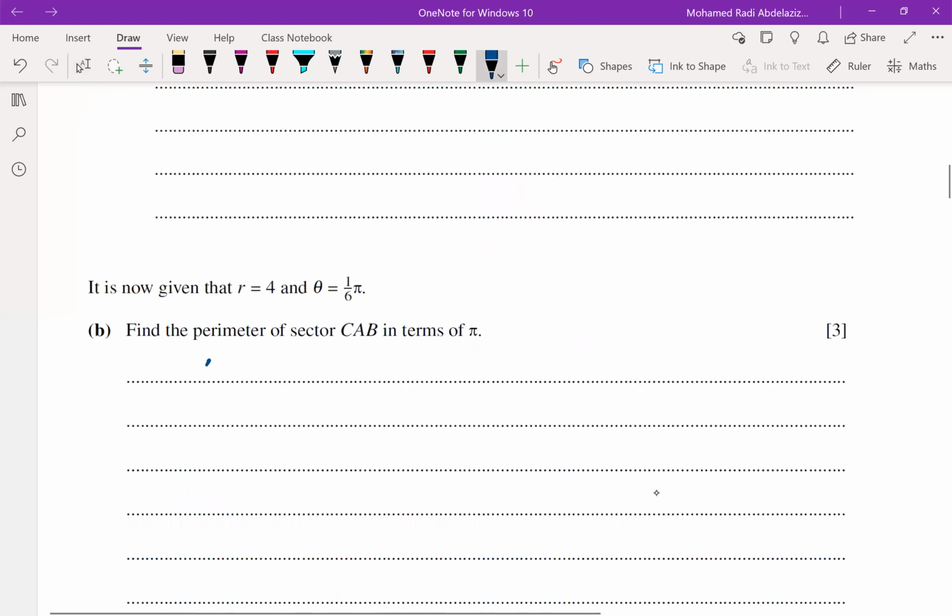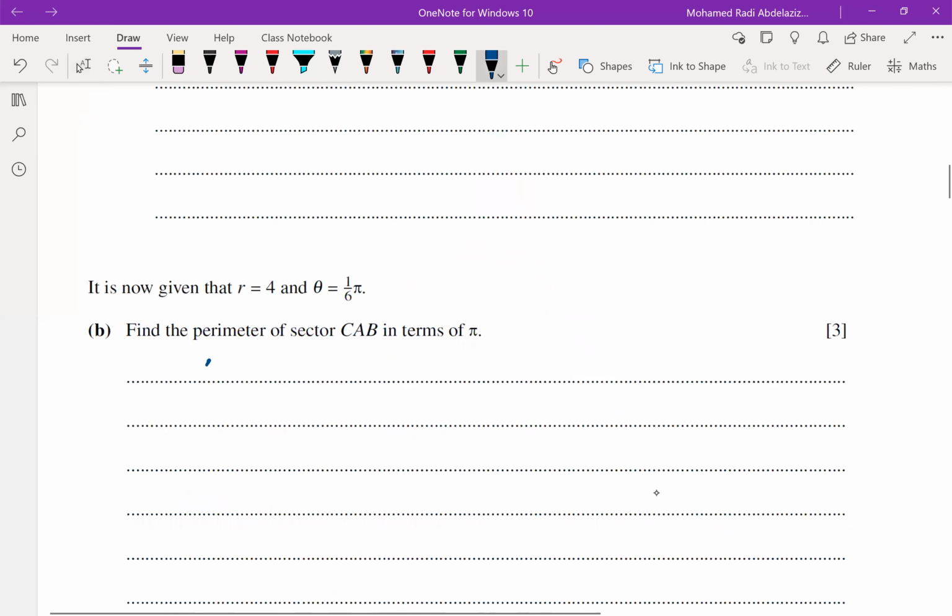This answer you multiply by 2, plus the length of arc, which is theta r, whereas theta is double: this is 1 over 6 pi and 1 over 6 pi. If we add, it will be a third pi, and the radius, which is 4 plus 4 over sine 1 over 6 pi.